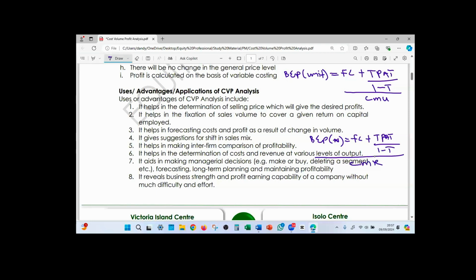This is the formula for calculating the break-even point in naira to earn a targeted profit after tax, if targeted profit after tax is given to you.